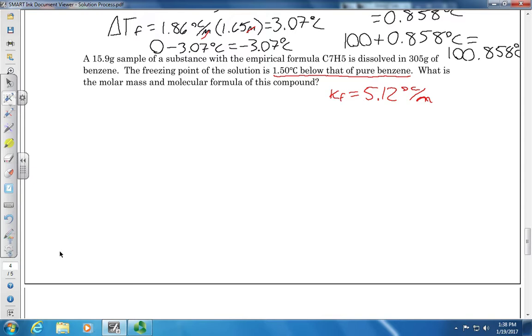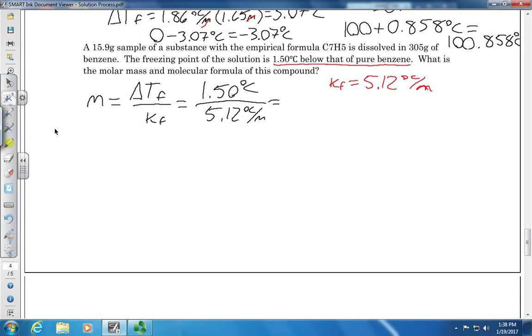So if delta T sub F is equal to K sub F times m, then molality m is equal to delta T sub F over K sub F, which in this case is 1.50 degrees C over 5.12 degrees C per molal, which gives us a concentration of 0.293 molal.